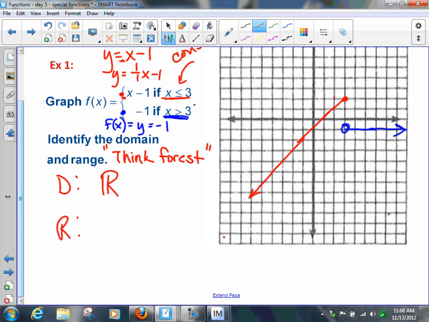Look at the range. I have to stand back. Come all the way back to the classroom because it's a mile away. Y values. How low can you go? How low does this go? It goes all the way down to negative infinity, right? Okay. How high does it go?